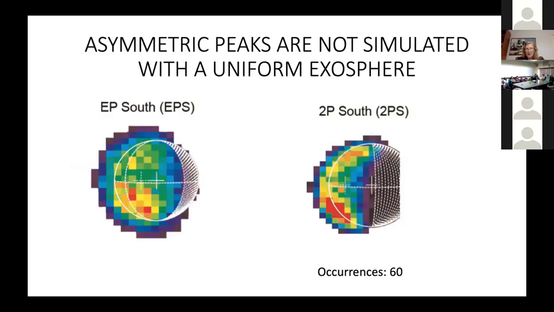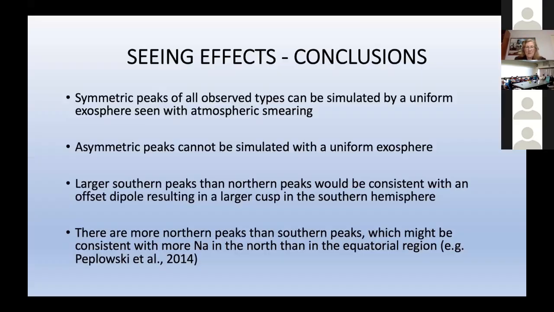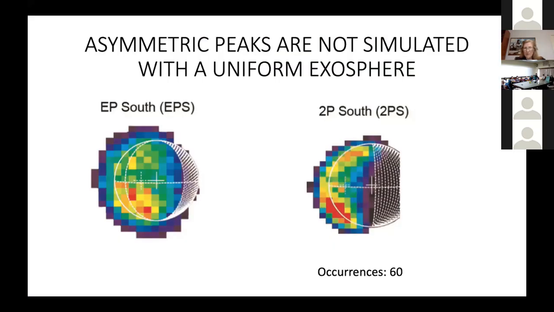We can't simulate asymmetric peaks with a uniform exosphere. And these are often seen, and it was found by MESSENGER's MAG instrument that you have an offset dipole, and that would mean that the cusp in the southern hemisphere is larger in area than in the northern hemisphere.